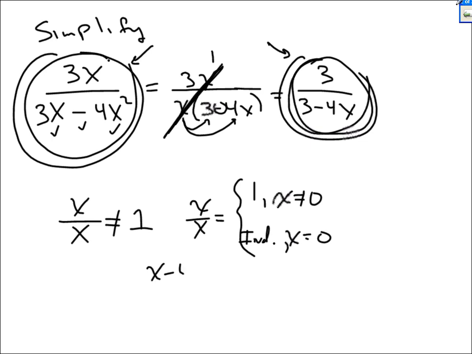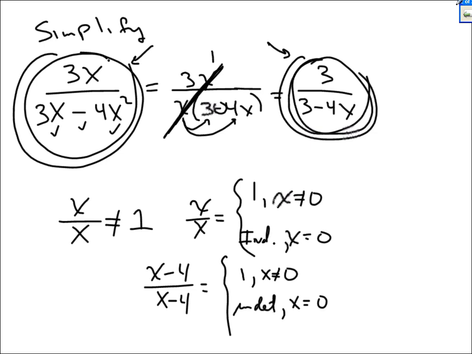You have x minus 4 over x minus 4. A lot of students want to say, oh, I know this one. It's 1 if x is not 0, and it's indeterminate if x is 0. Well, that's not true. Just get your hands dirty. If x is 0, 0 minus 4 is negative 4.